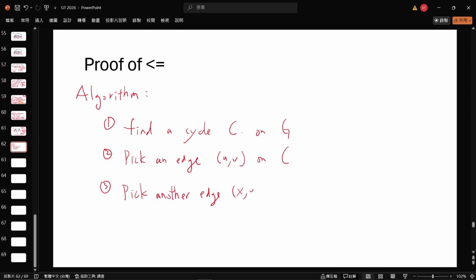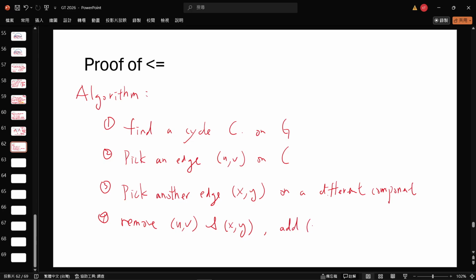Let's call it XY on a different component. Then we just remove these two edges and connect the endpoints. More precisely, we remove UV and XY, and we add UX and VY.